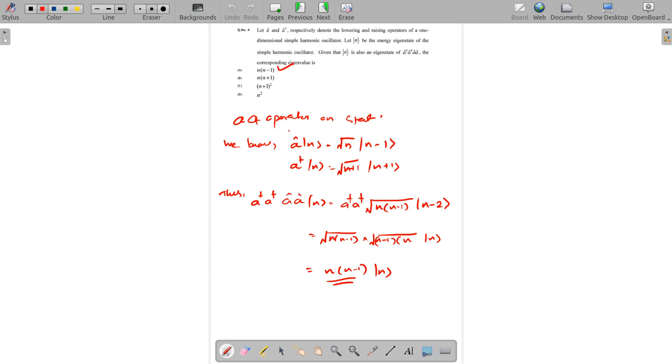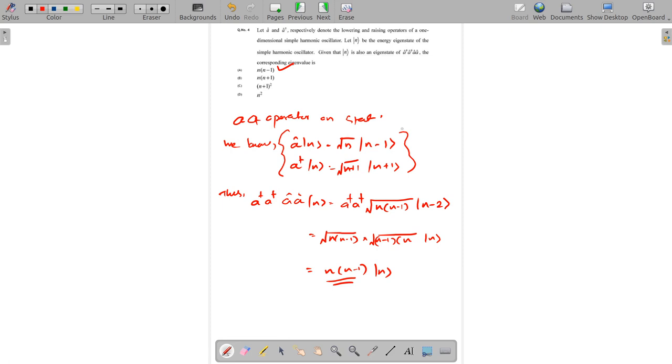For this you only have to remember these relations, how A and A dagger affect your energy eigenkets n. When A acts on ket n, it lowers the eigenstate, taking it to n minus 1. So it's not an eigenstate because it is changing the state, but with the factor root n.